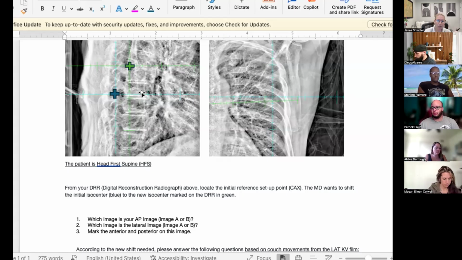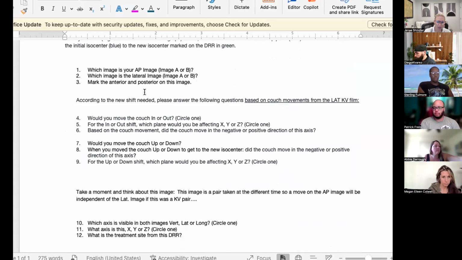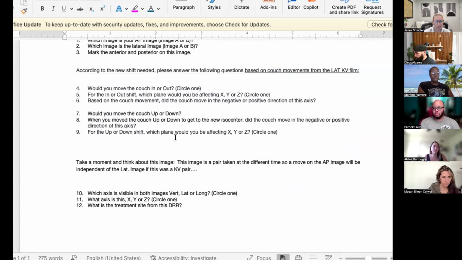Now I want you to understand this concept also. Take a moment and think about these images. If this was a kV pair taken at the same time, this one wasn't, but let's say it was. Let's say you took a kV pair and you wanted the most bang for your buck. You knew your SSD, so your vertical was great.